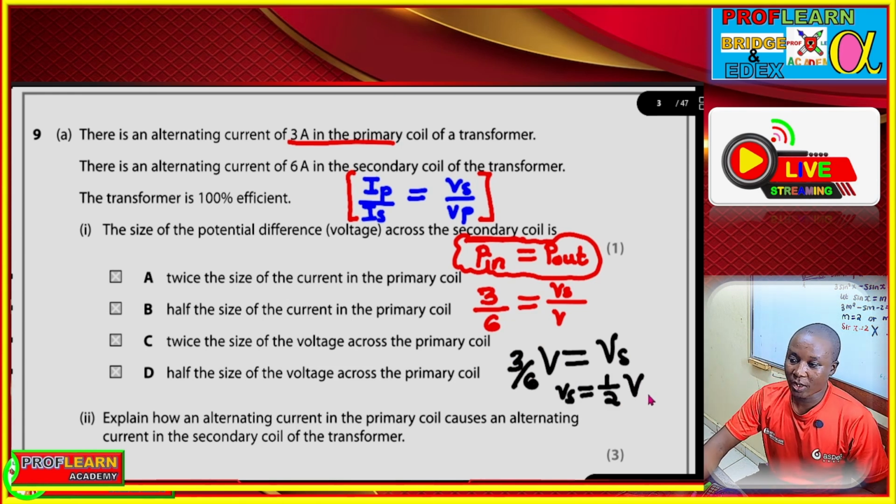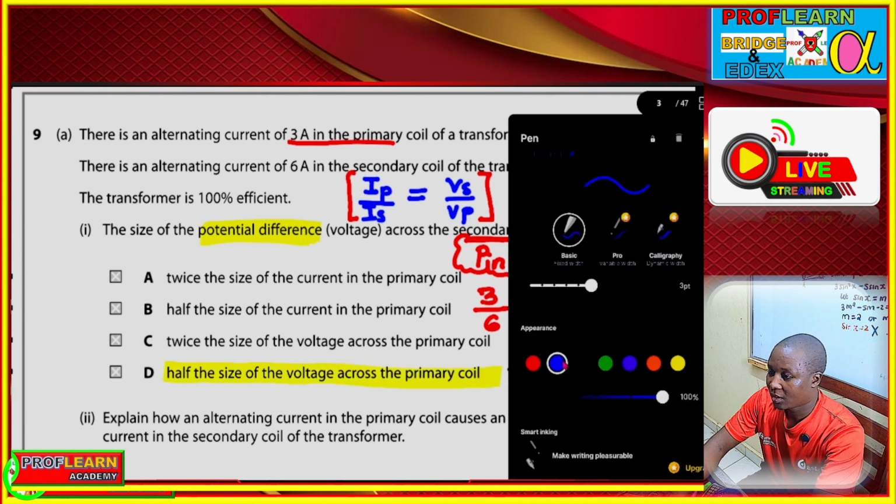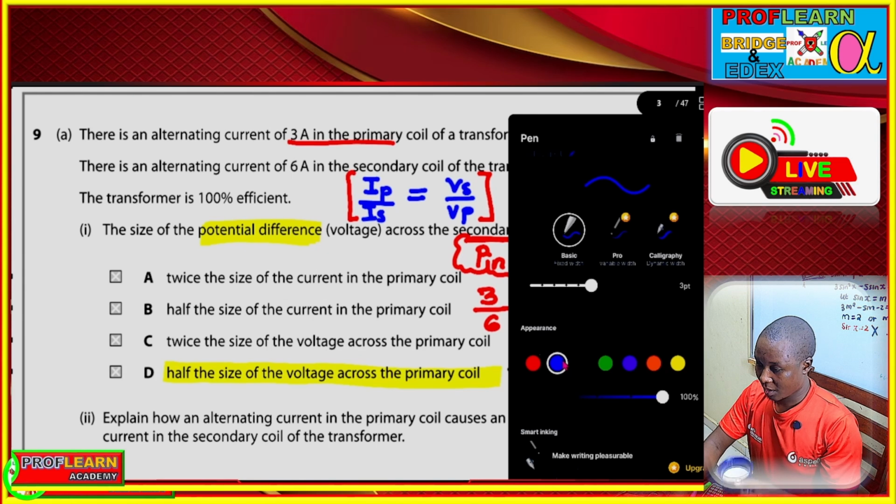So basically that's what we are going to do here, and we can take that to be option D, and that becomes our answer.